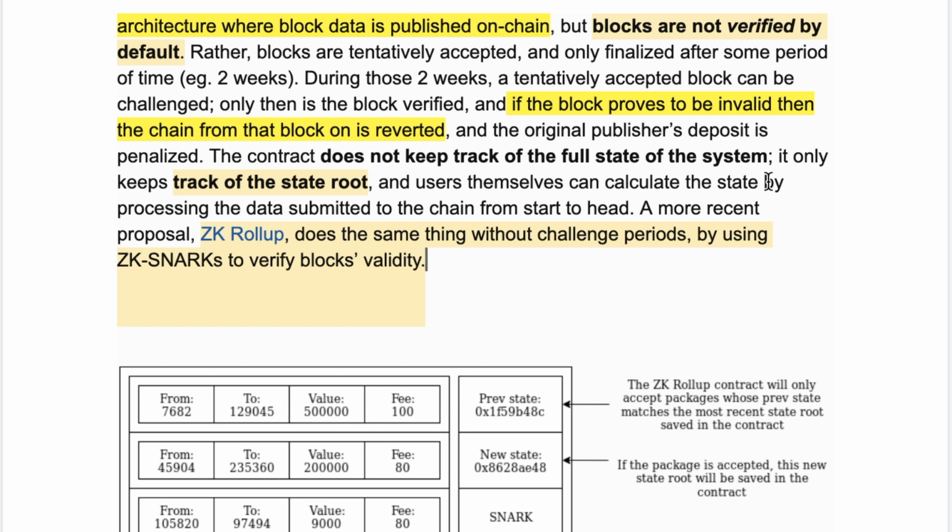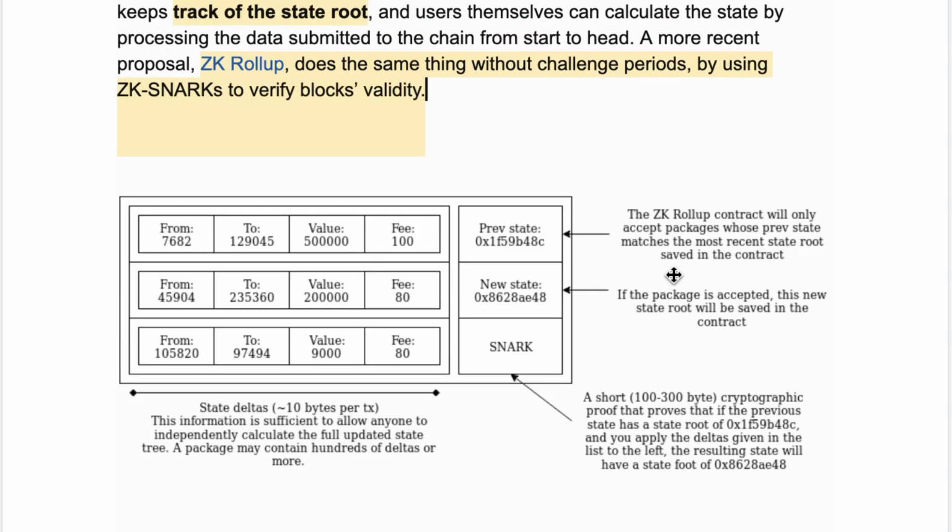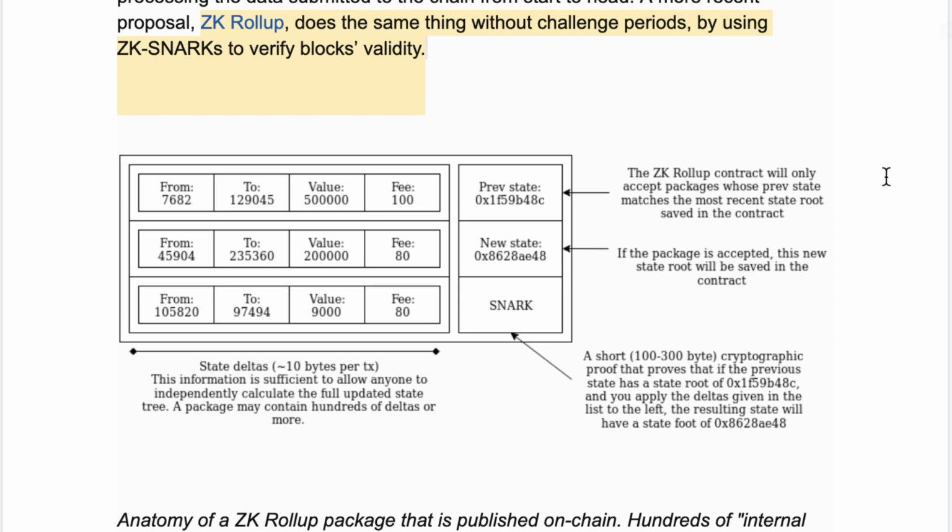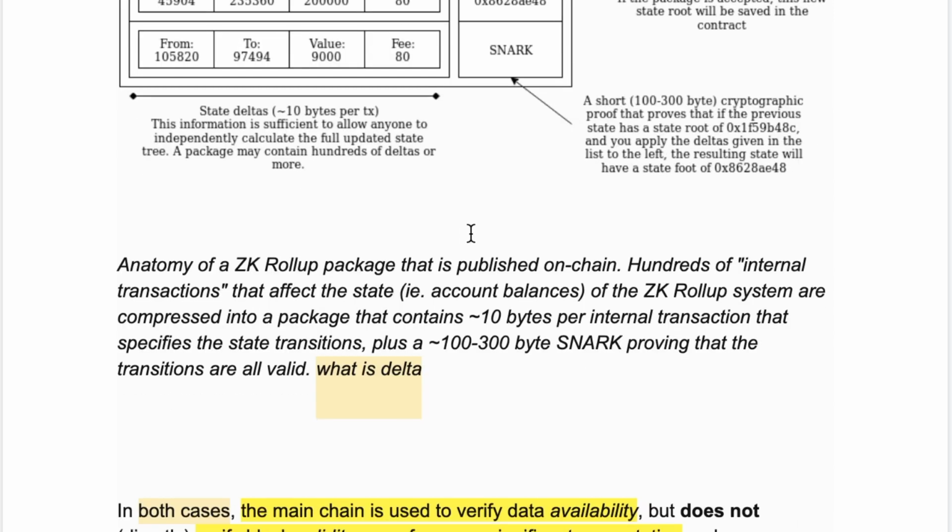Now, there's also the ZK zero knowledge rollup, and this is more or less the same thing, but it doesn't have a challenge period. Basically, it has a ZK rollup contract, and it uses a technology called SNARK, and this cryptographic proof checks the previous state and the next state with deltas. And deltas, if I'm explaining this correctly, more or less represent the difference between randomness on the other side of the equation.